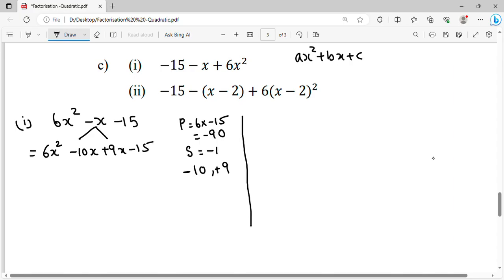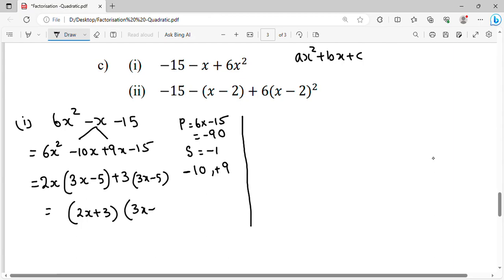Alright, so if I factorize, 2x is the common factor, so I get 2x bracket 3x minus 5 plus, here 3 is a common factor, I will get 3 bracket 3x minus 5. So basically this is nothing but 2x plus 3 bracket 3x minus 5.